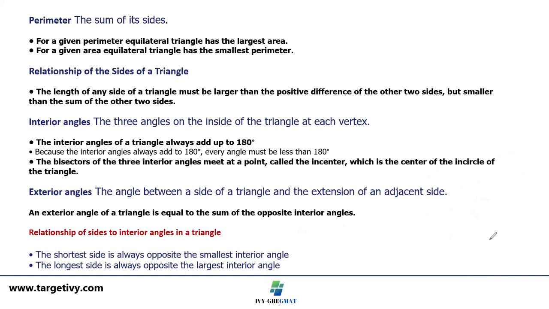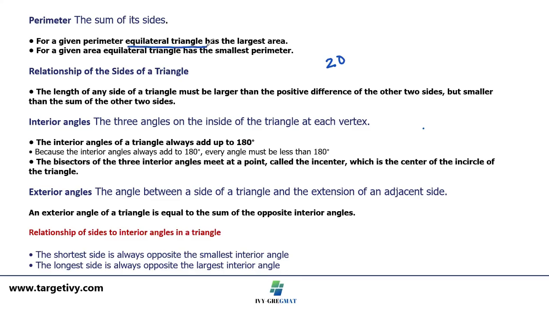To extend this further, let's understand what the perimeter is. The sum of all the sides is the perimeter. What we need to know is that for a given perimeter, the equilateral triangle has the largest area. An equilateral triangle is one where all the sides are the same. If the perimeter is, say, 20, which of the triangles will have the largest area?